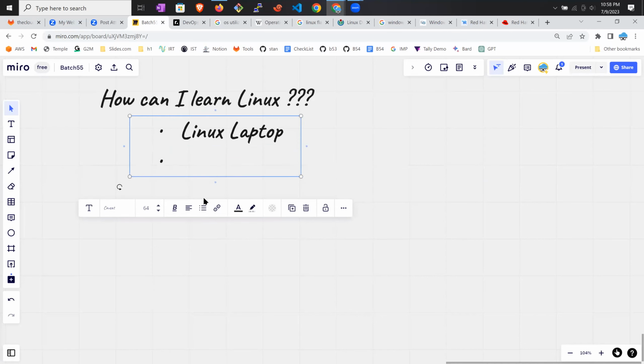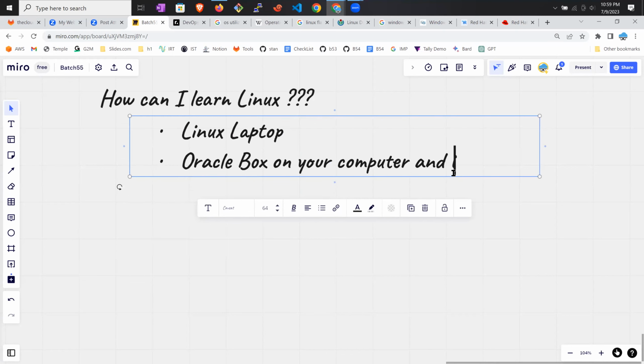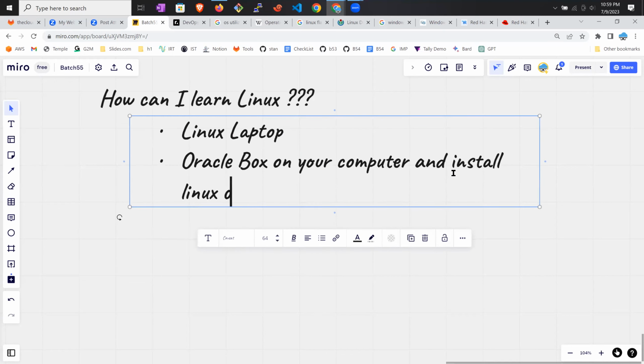Or you can install a software called Oracle VirtualBox on your computer and install Linux on it. That is one way.